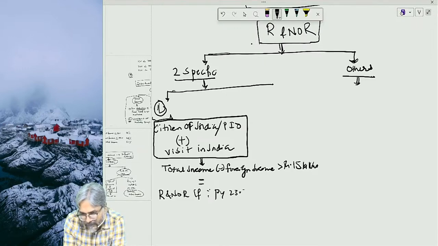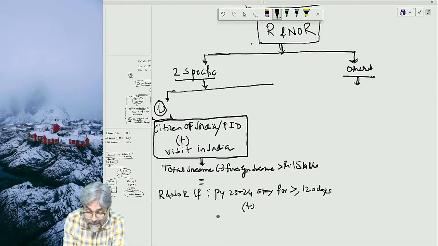Previous year 23-24, stay for more than 120 days or minimum 120 days? Minimum 120 days. This is the problem. Plus the last preceding previous years, stay should be minimum 365.